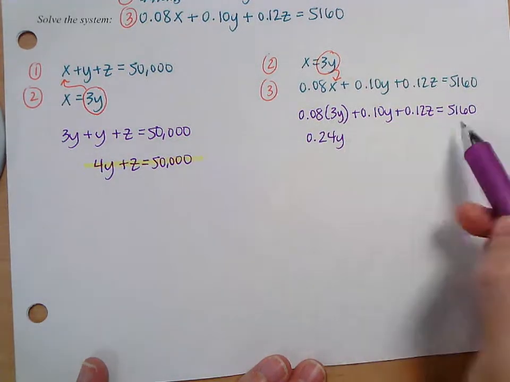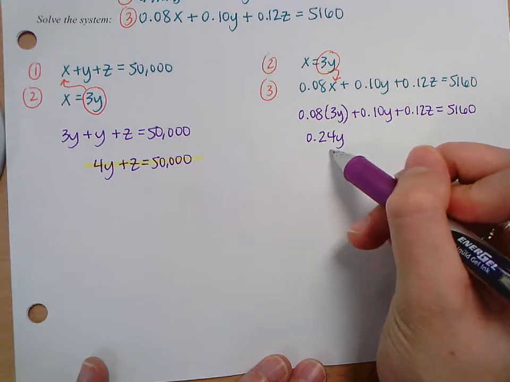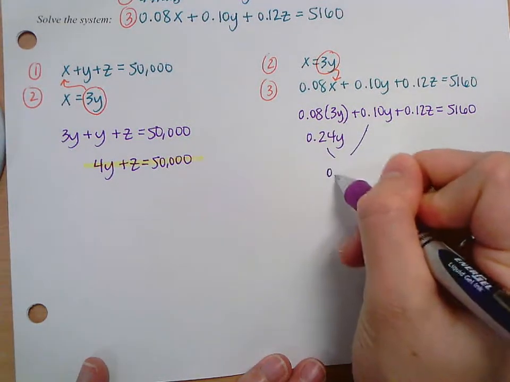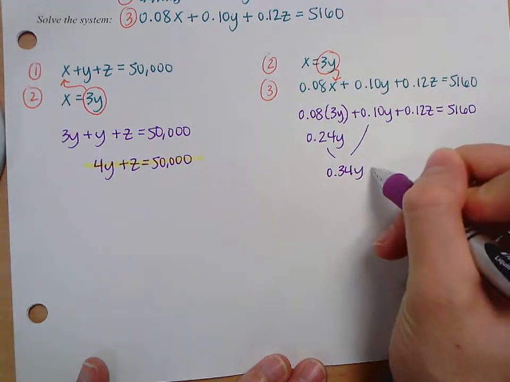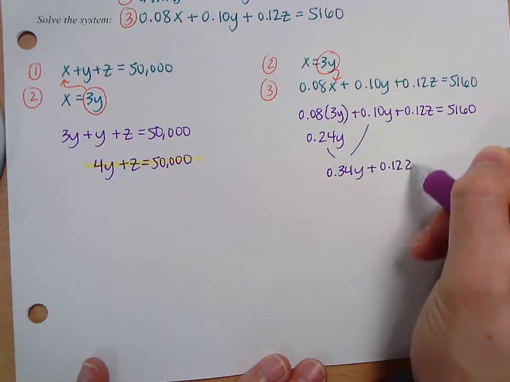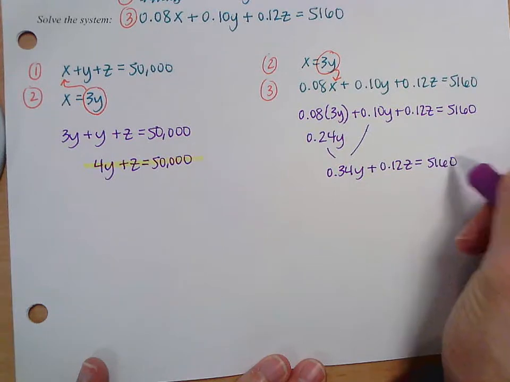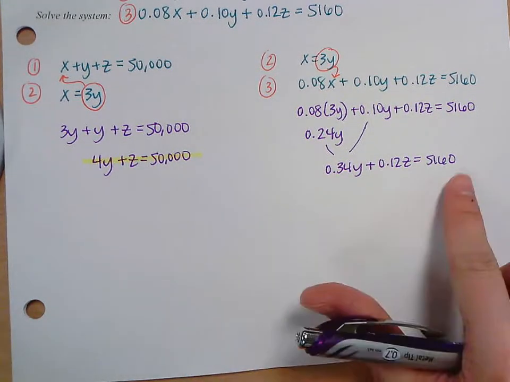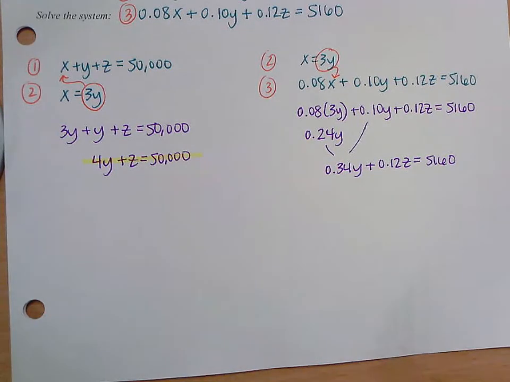And actually, I'm not going to rewrite that whole thing. I'll just do this. I'm going to combine the y terms. So I'd have 0.34y plus 0.12z equals 5,160. So here I have another equation where I've eliminated x.